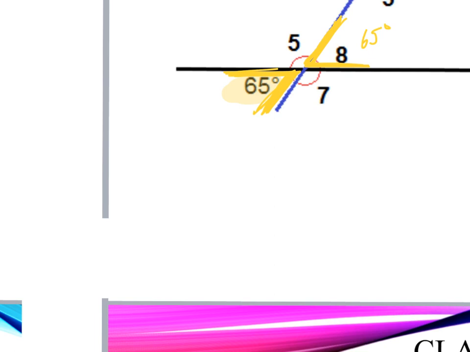Well, a couple ways again you can approach this. Angle 5 and 7 look like they're going to be the same size. I notice that angle 65 is sitting right next door to 7. What does that look like from previous? Supplementary angles, because there's your splitter.